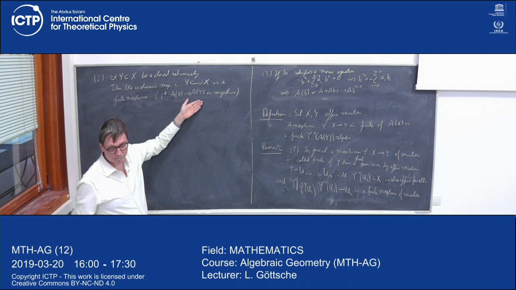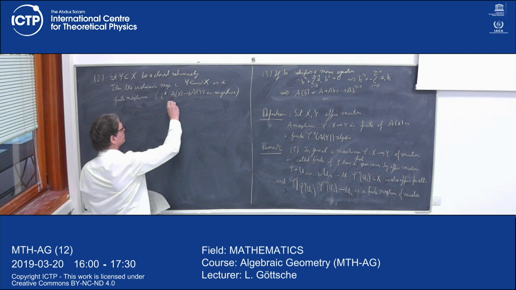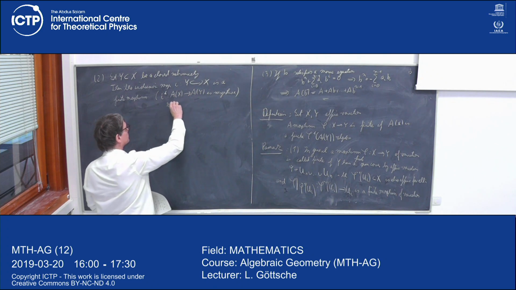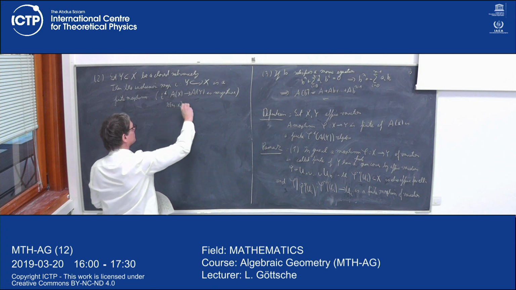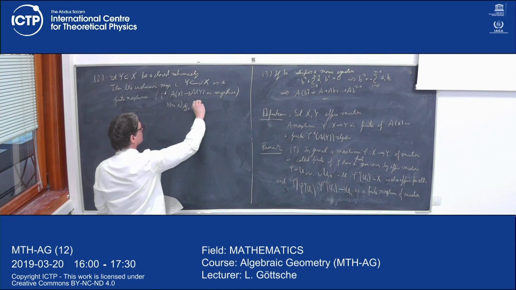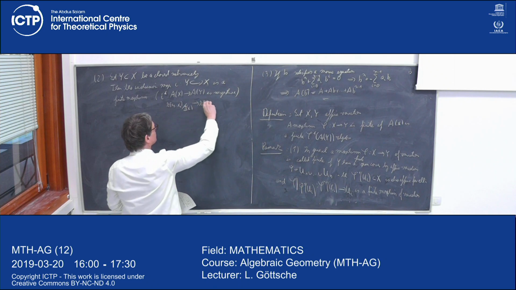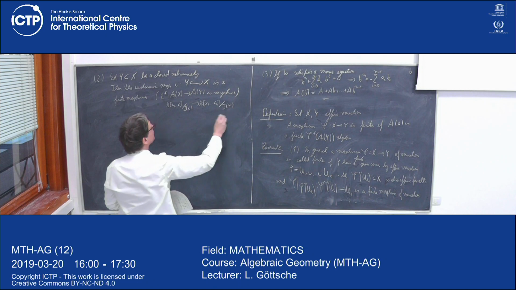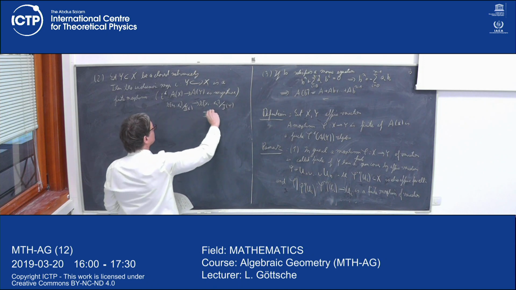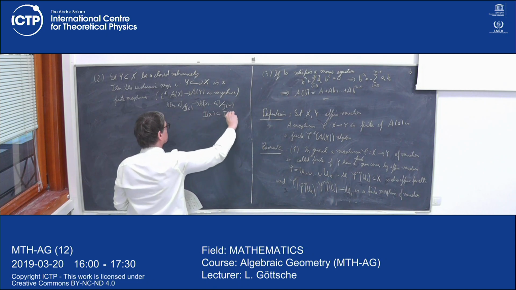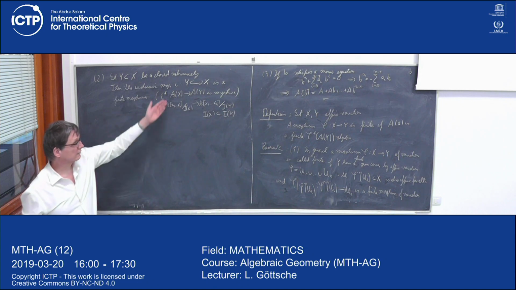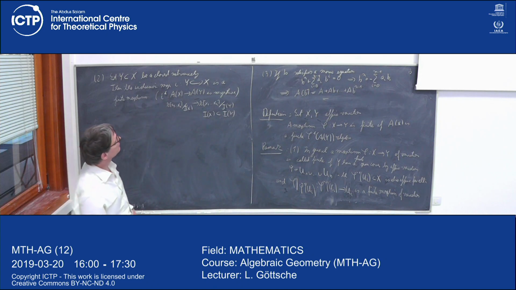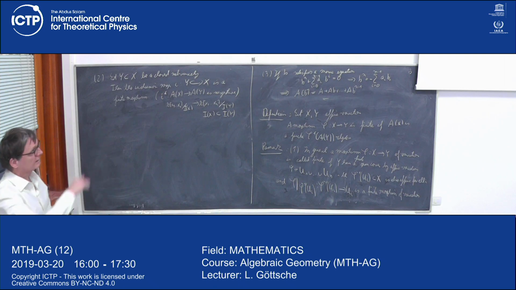So we have just the natural projection, and this one is certainly surjective. And so then clearly the map is surjective.